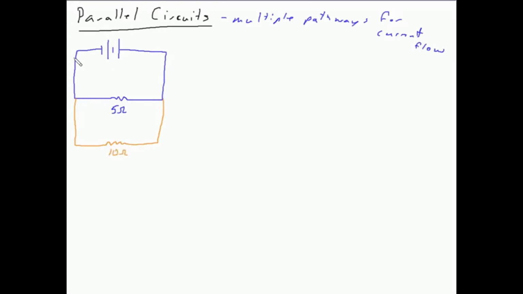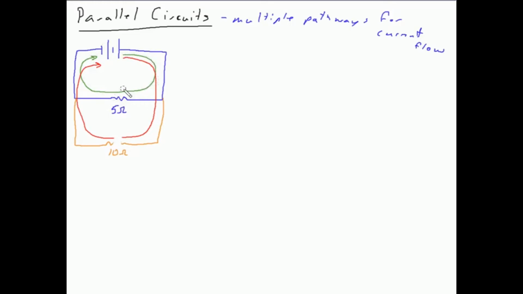So in the case of this first part right here, current can flow through the 5 ohm resistor, and also the current could flow down through the 10 ohm resistor. So we have multiple paths. If the 10 ohm resistor here were to break, this current flow, the red current flow we're showing here, wouldn't happen, but the 5 ohm resistor still works just fine.